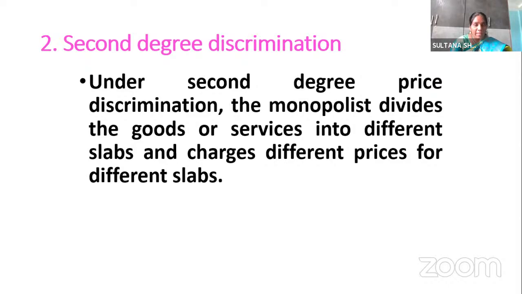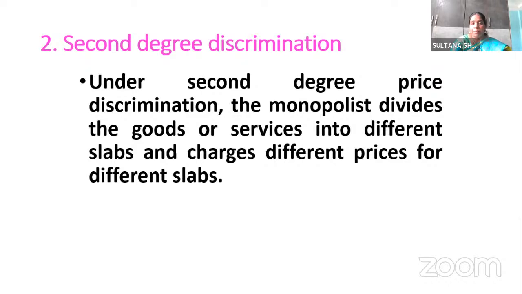For example, government services have one type of rate, and public and private people have another type of charges. It means that in second degree price discrimination there is a possibility of some consumer surplus. He will subdivide the market based on his product demand.